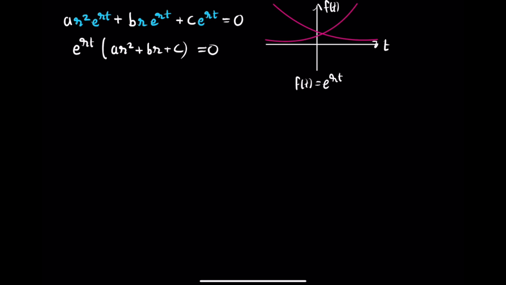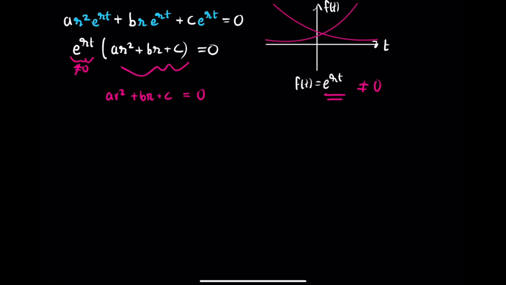So as a result, at least we can tell that this e^(rt) is never actually 0. So that means that this is all we need to worry about, because ar^2 + br + c can equal 0.